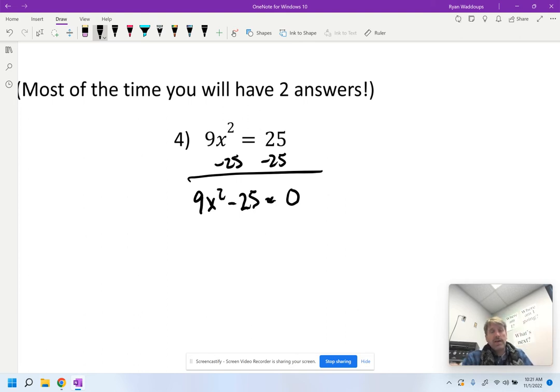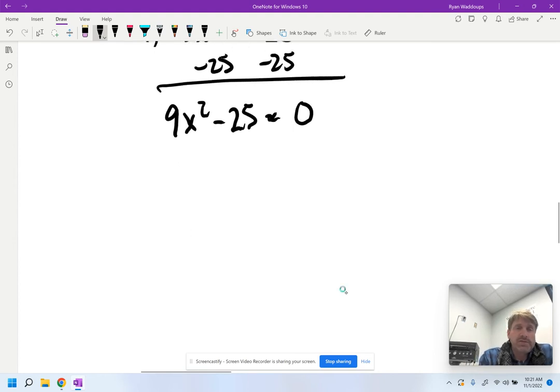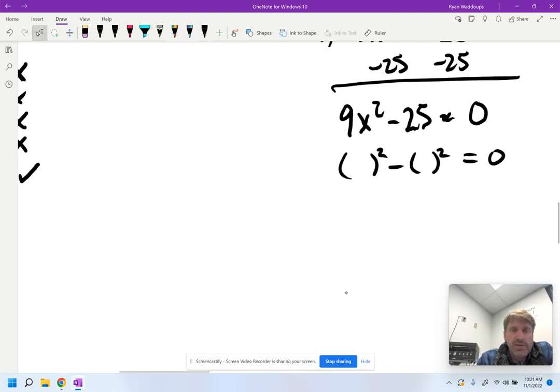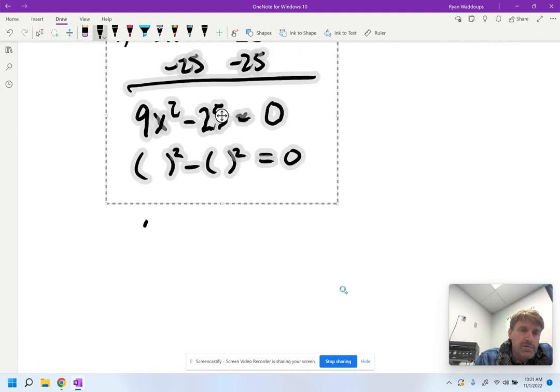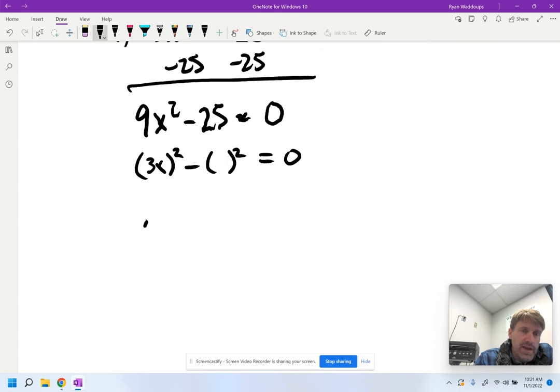I look at this and say, hey, this might be a difference of squares. Is this something squared minus something else squared? And if it is, then I can factor it using a difference of squares. And here I can put 3x in here, and that would be equal to 9x squared. And over here I can put 5, and that's equal to 25.